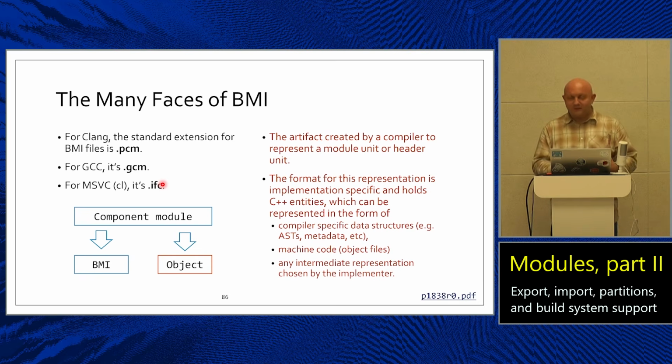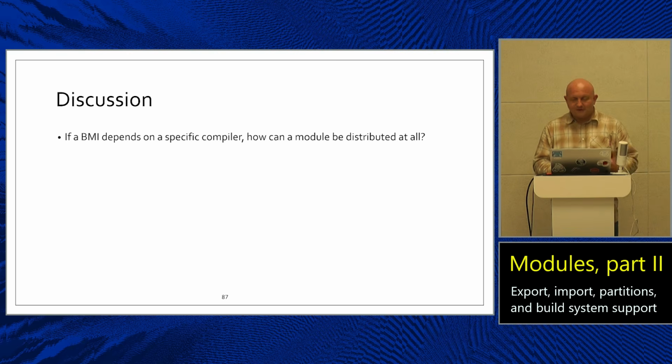Not yet, anyway. Right. So here, we don't give the answer yet, just raise the issue. Let's think about it. If every compiler stores its modules, at least the exported parts of its modules, in its own private binary format, then what does distribution even mean?